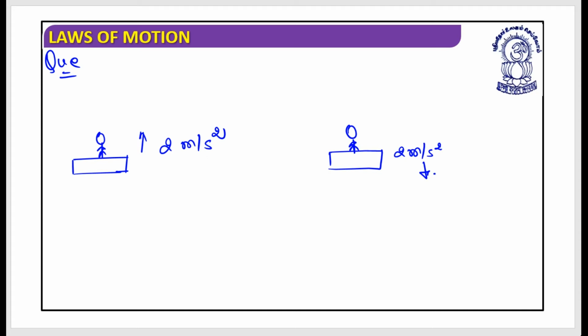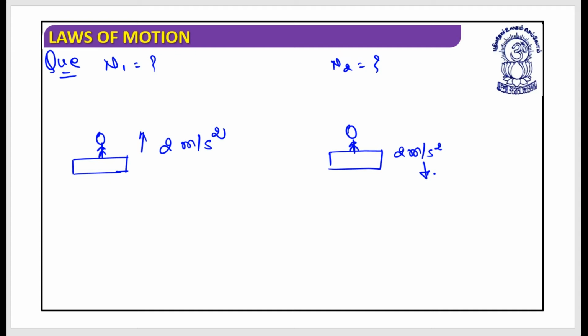Now I want to find what would be the normal one and the normal two. When I say normal, we are taking the readings of the weighing machine. Normal always shows the reading of the weighing machine.